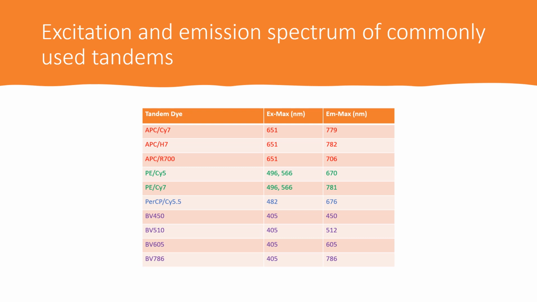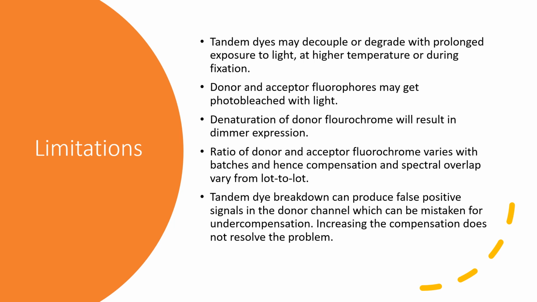Of course, tandem dyes have limitations. Because tandem dyes are a combination of donor and acceptor, they can sometimes degrade or decouple, especially with prolonged exposure to light or higher temperature or even during fixation. And this can lead to dimmer expression or sometimes even spilling into other donor channels.